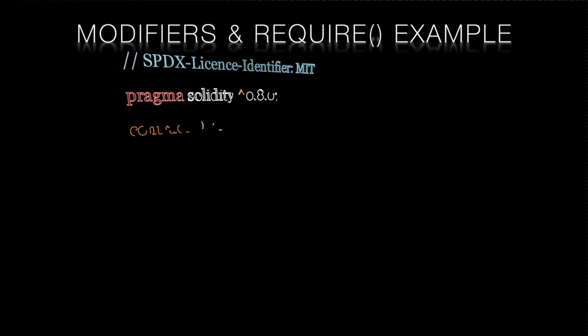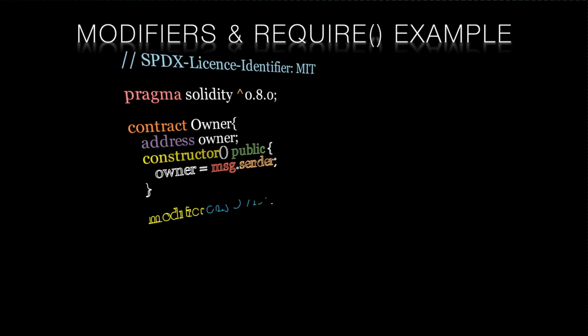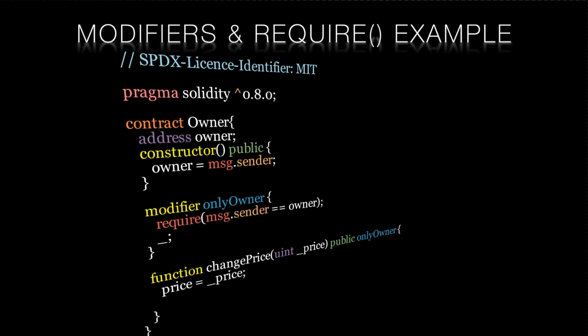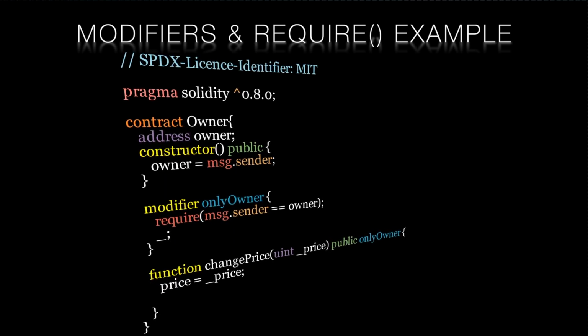Here is a simple but practical example. This illustrates the use of all three concepts discussed. That is to say, function modifiers, the require statement, and built-in objects. This smart contract is called owner, and it has a single variable, which is the address of the owner or deployer of this contract.